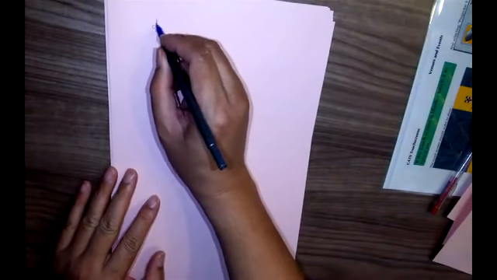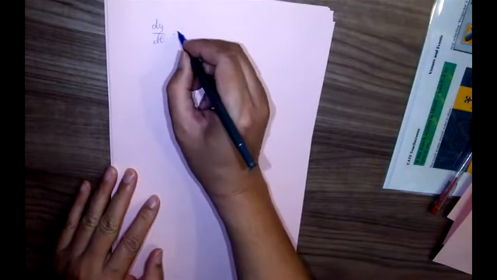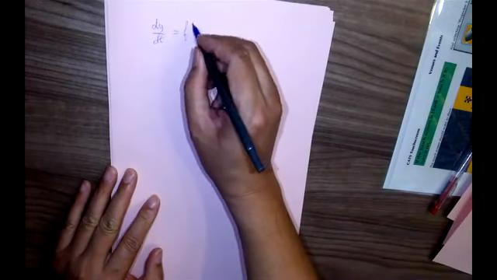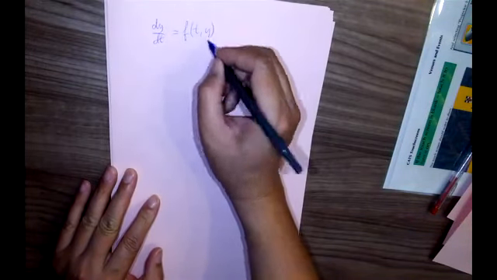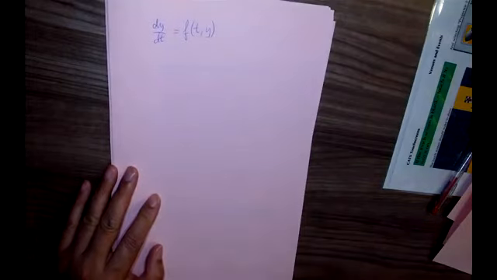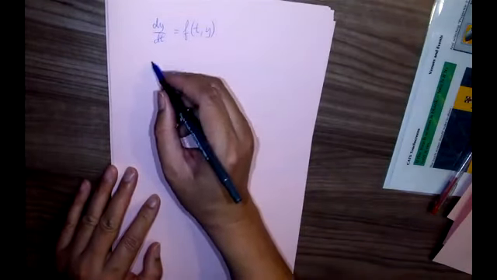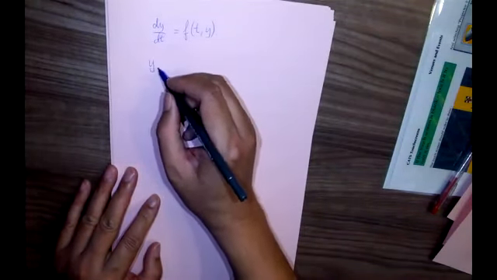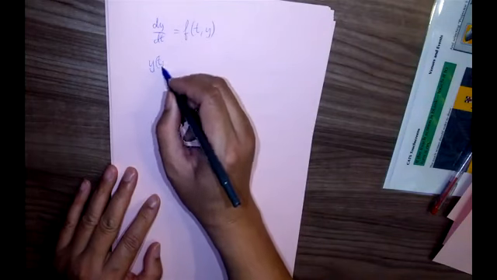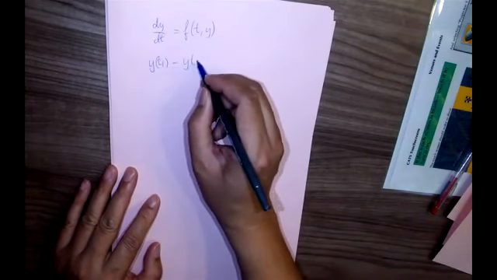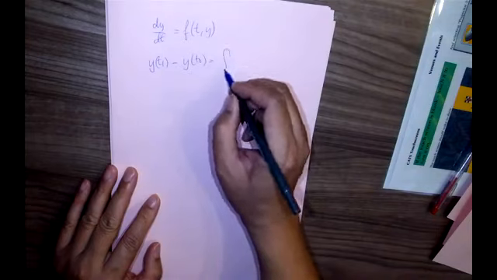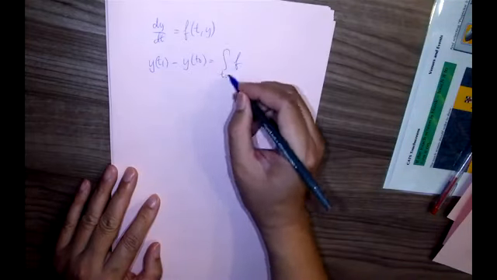suppose I have dy over dt equal f(t,y), like this, yeah? Then if I integrate the equation, I have just y(t1) minus y(t0) equals the integral of f from t0 to t1.